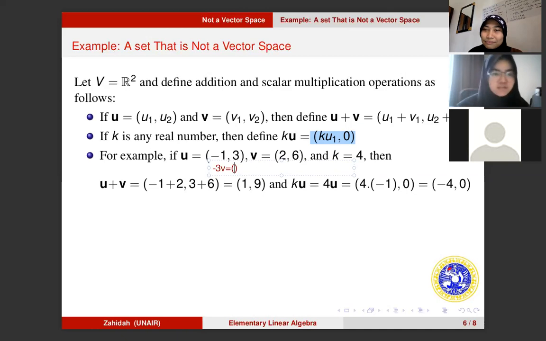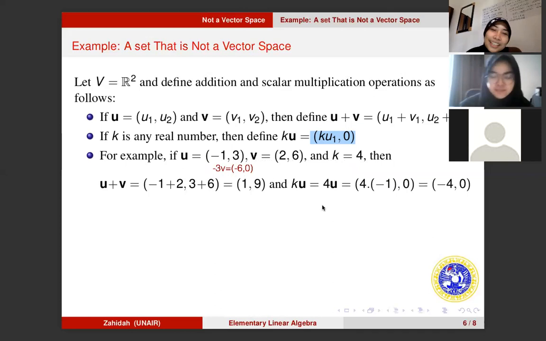Negative 6. Negative 6. The second component? 0. 0, always 0. So this is our minus 3v here.